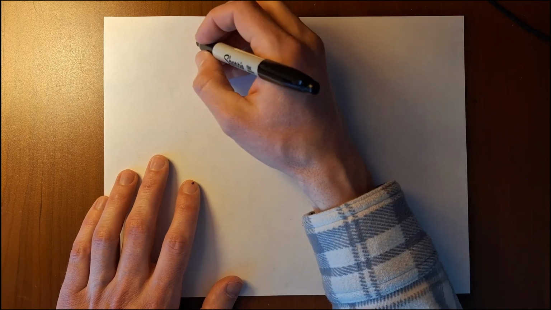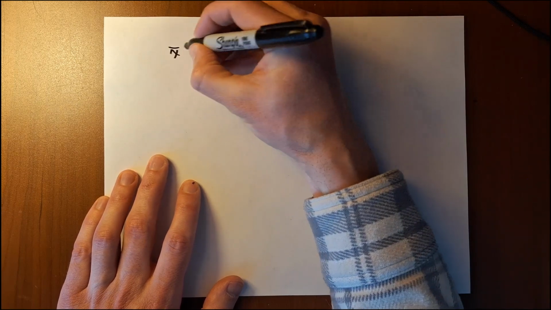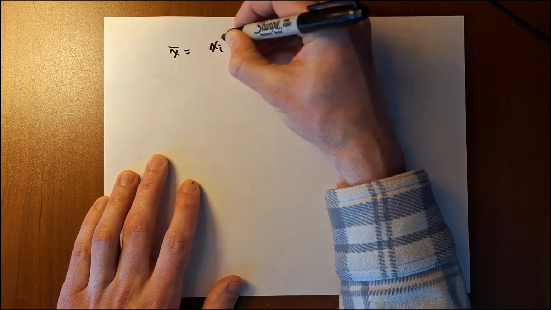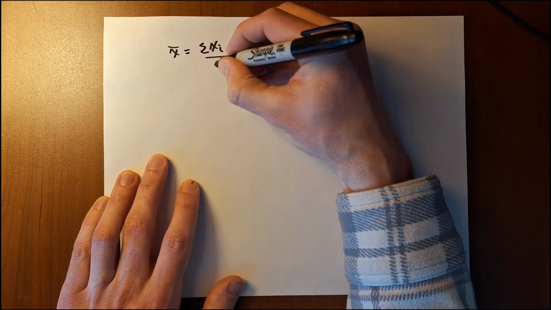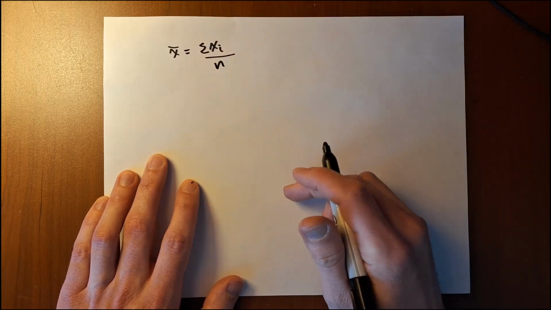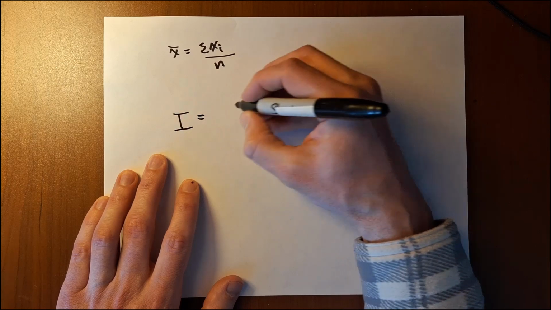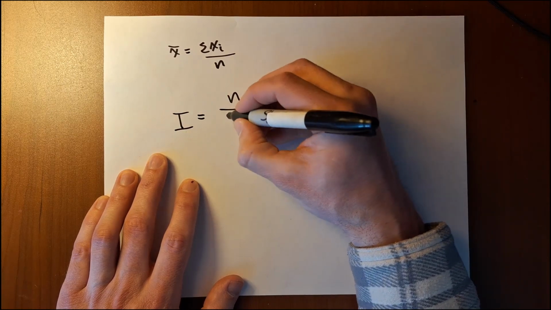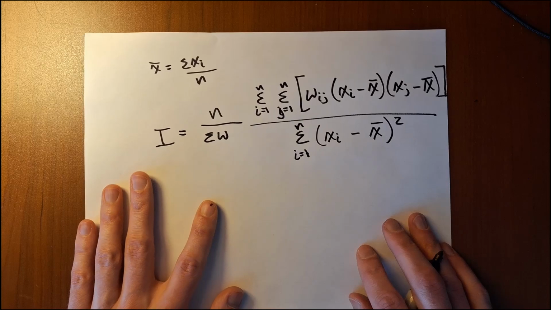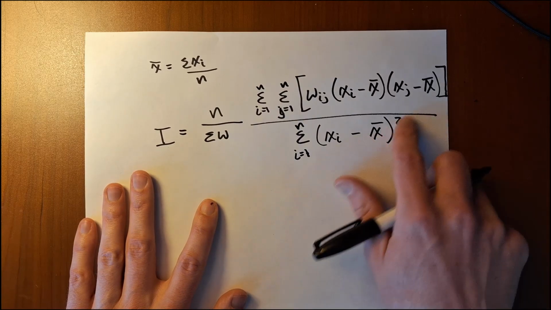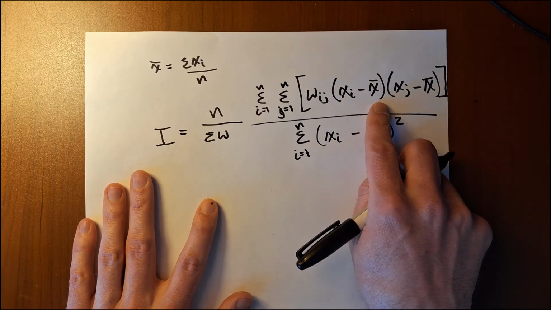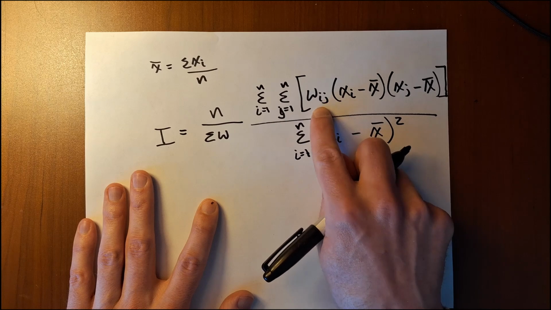Once we have all our values, we're going to compute first the average of our data, which is just the summation of our data points divided by the total number of data points. And then we can compute Moran's I. So what Moran's I basically is, it's a weighted average. We're looking at the covariance of each point to each other point, weighted by the inverse of the distance.